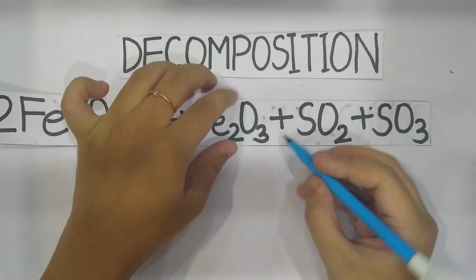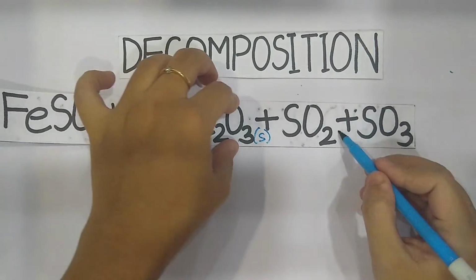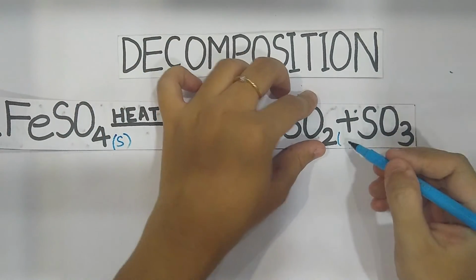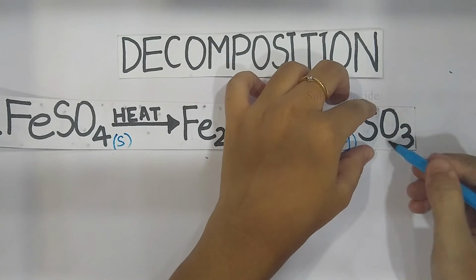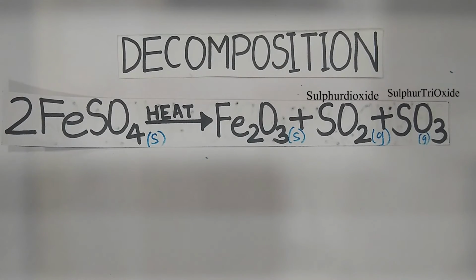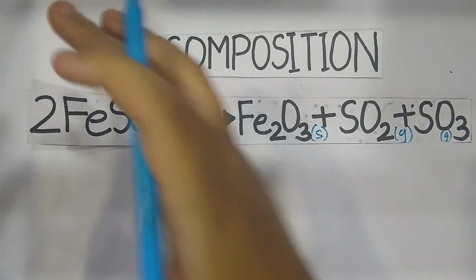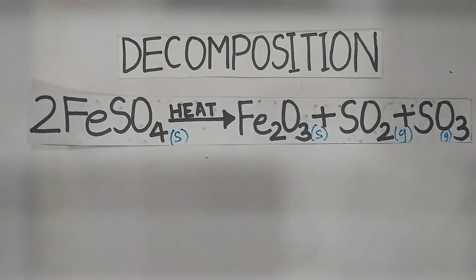Fe2O3 would also be solid. SO2 would be gas, and SO3 also would be gas. So what is happening here? A huge compound is breaking into smaller compounds, right?